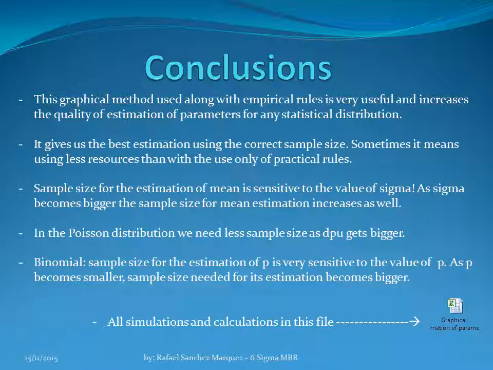For the binomial, the sample size for the estimation of the proportion p is very sensitive to the value of p. As p becomes smaller, the sample size needed for its estimation becomes bigger.